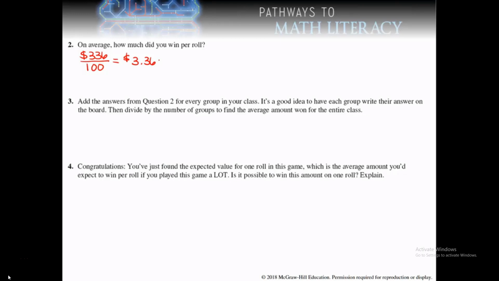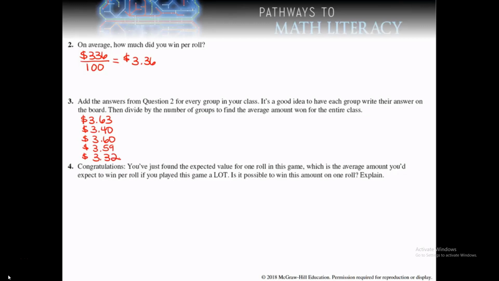In number 3, they ask us to add up the answers to question 2 from every group in your class. So let's say that you have 6 groups in your class, so the other 5 groups came up with $3.63 per roll, $3.40, $3.60, $3.59, and $3.32.